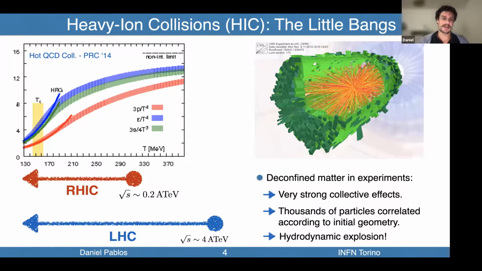So with RHIC and LHC, with these heavy ion collisions, what we are doing is exploring parts of this, so to say, phase diagram. What is seen is that there are very strong collective effects in which thousands of particles are correlated according to the initial geometry, and it resembles pretty much a hydrodynamic explosion.